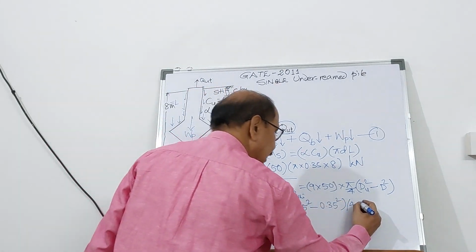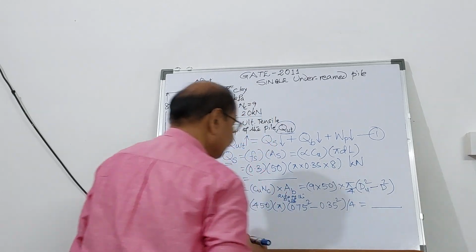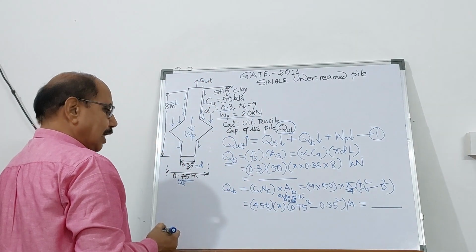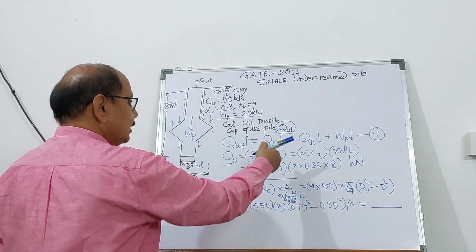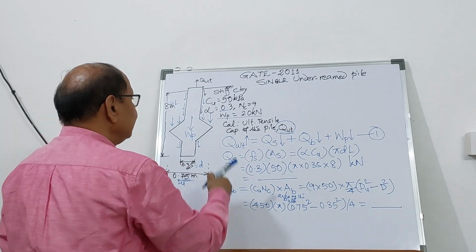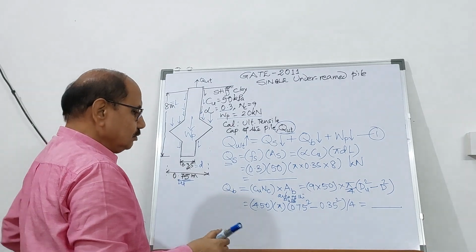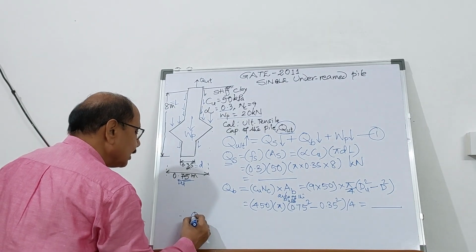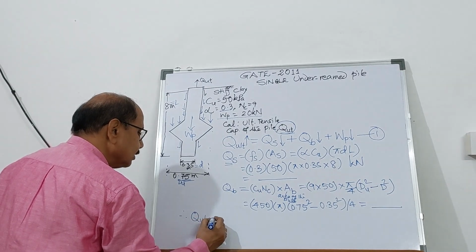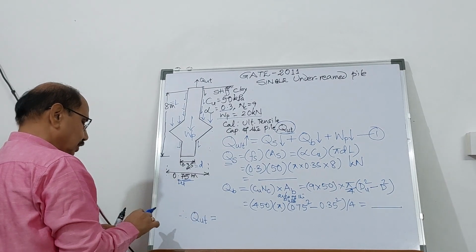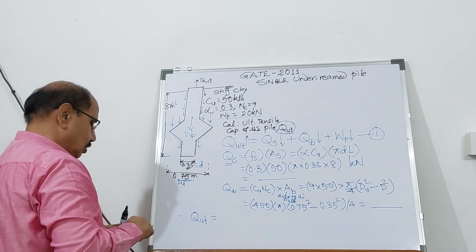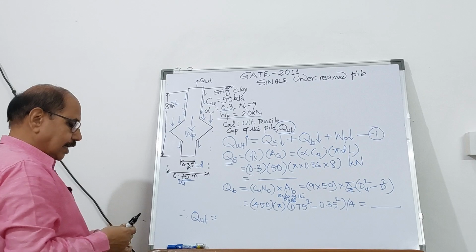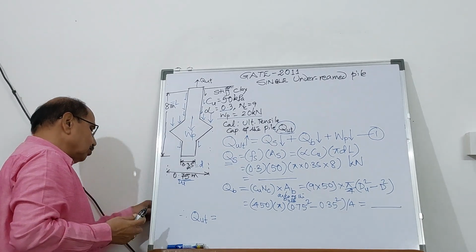So you can calculate this. This will also be in kilonewton. And the last term is already given in the problem as 20 kilonewton. Therefore, you will be able to calculate the value of QUT. So let me take my calculator and calculate all the values.